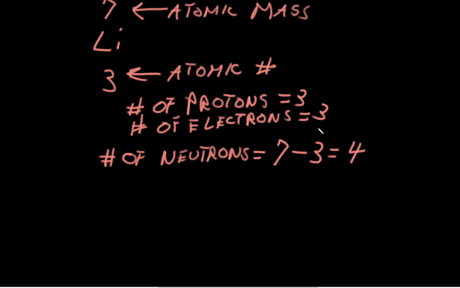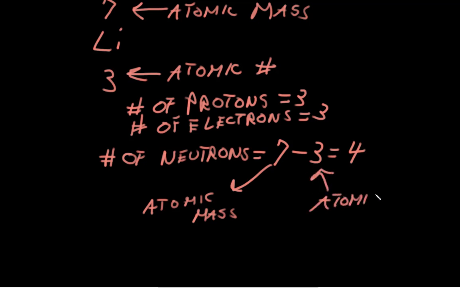So we have the atomic mass, which is 7, and the atomic number, which is 3. Remember, the atomic mass is also found in the nucleus of an atom, and again, the number of protons plus the number of neutrons is going to give you your atomic mass.